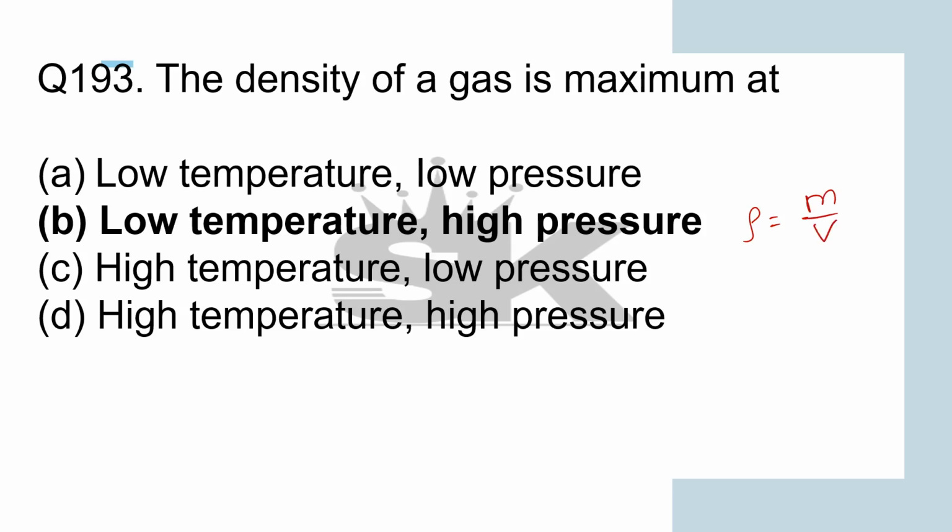When the temperature gets low, molecules come closer, so the mass of the gas within the volume increases. Even if we apply pressure, molecules get close, so mass within the volume also increases in this case. So the answer is low temperature and high pressure.